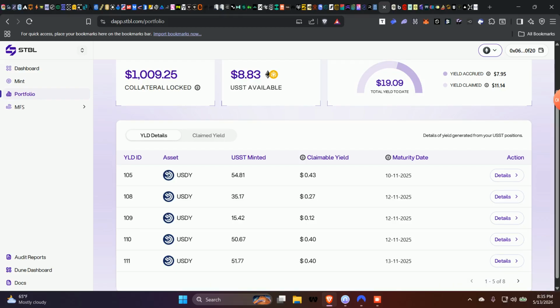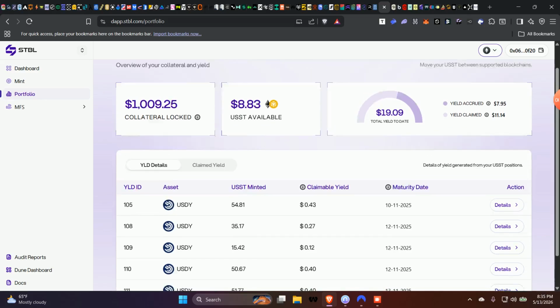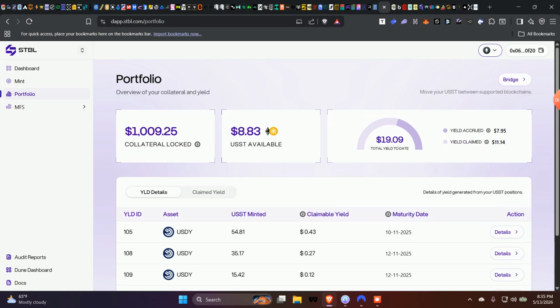Now, what you can actually do with this, ladies and gentlemen, I don't know if the wheels in your brain are turning right now, but you can provide yourself a looping strategy. What do I mean by a looping strategy? Check this scenario. You take $1,000 and put it in here with the USDY.